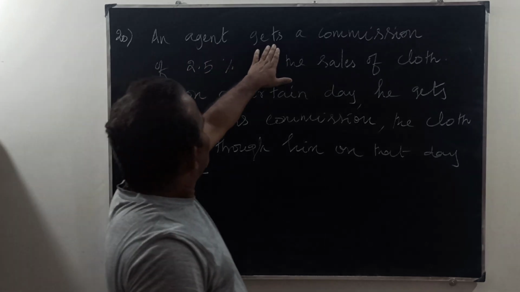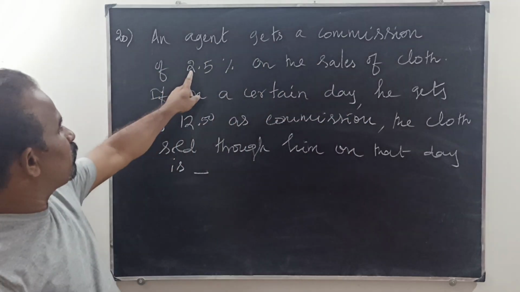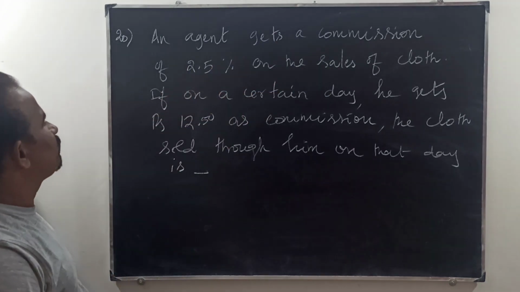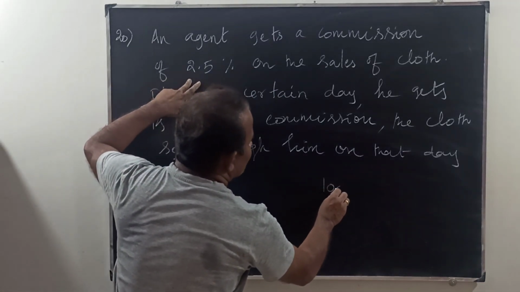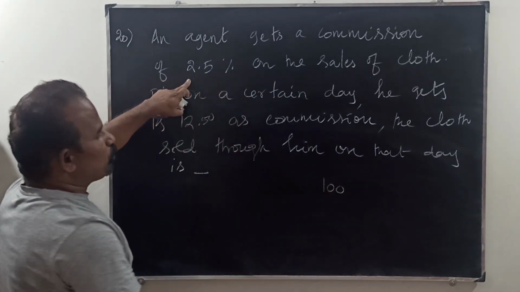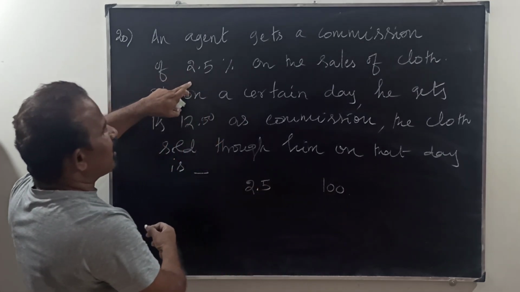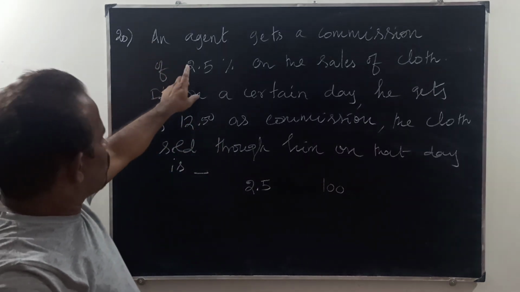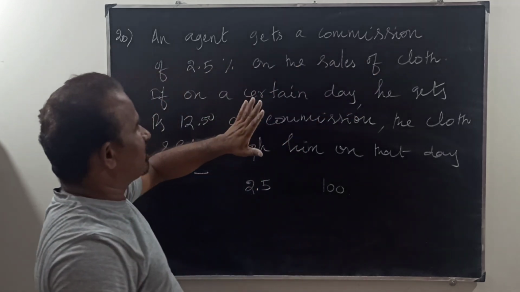An agent gets a commission of 2.5 percentage on the sales of cloth.